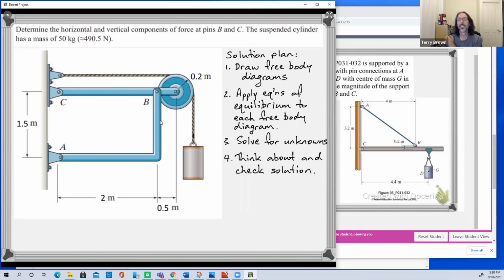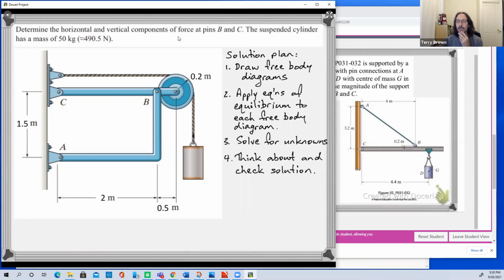So generally, what I would do is say, okay, what do I need to find out? If this was a design problem, I need to know everything, so you've got to solve everything at some stage anyway.